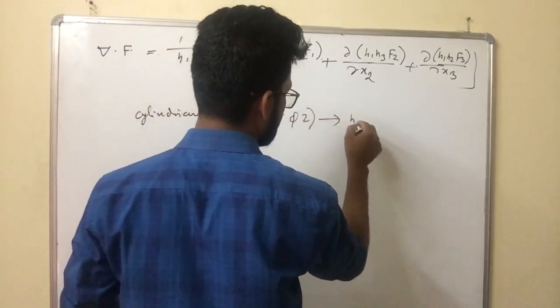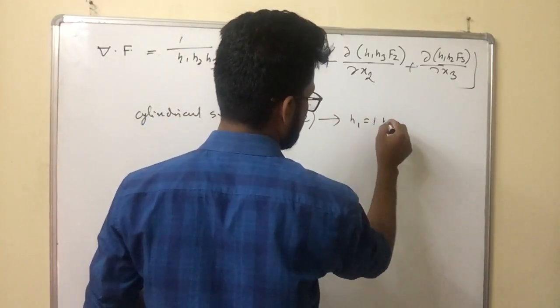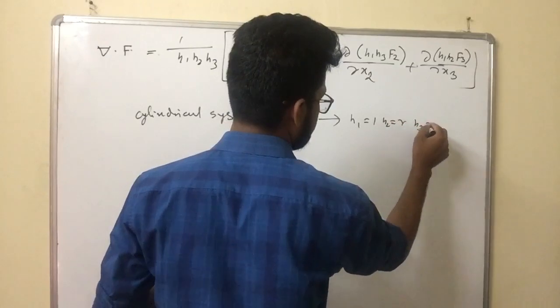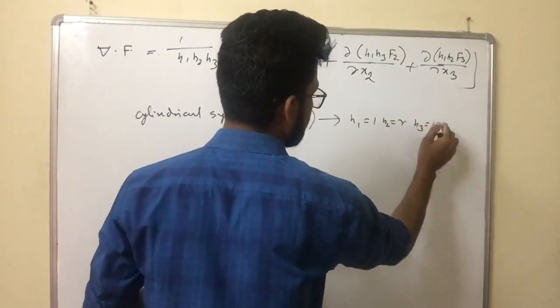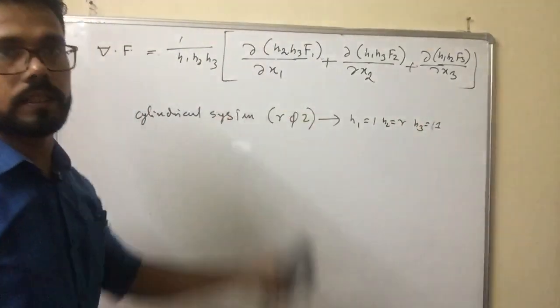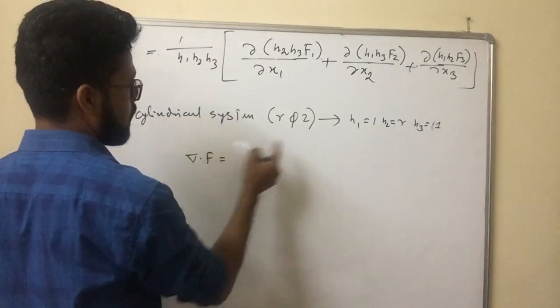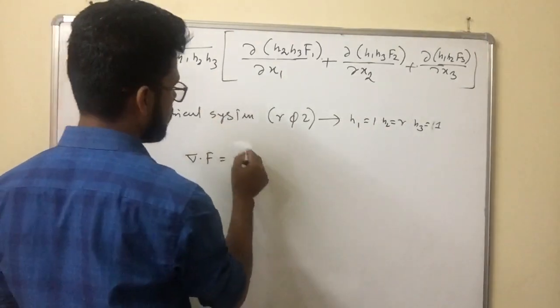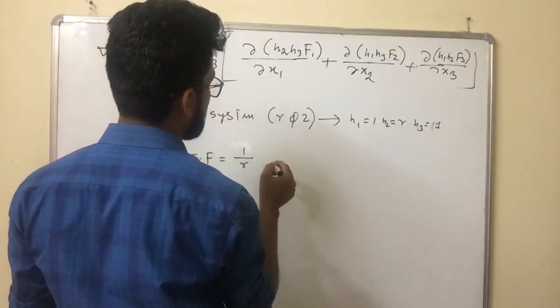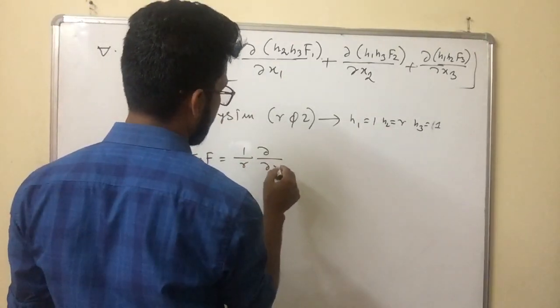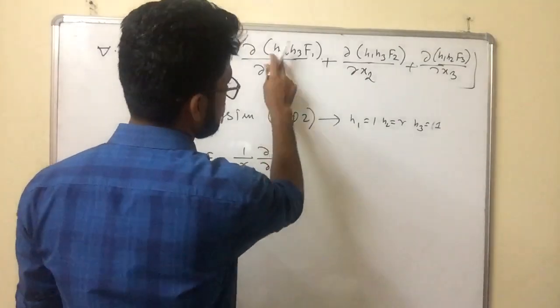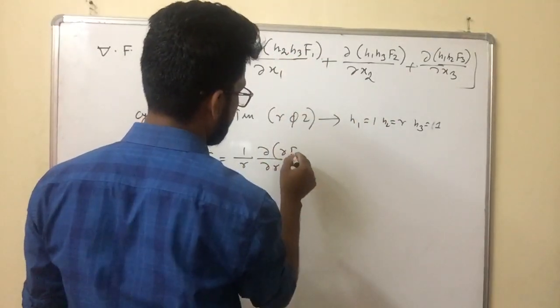So it will be h1 equal to 1, h2 equal to r, h3 equal to 1. So you put these values, what will it give? It is very easy. Del dot F is 1 by r, d by dr of r F r.